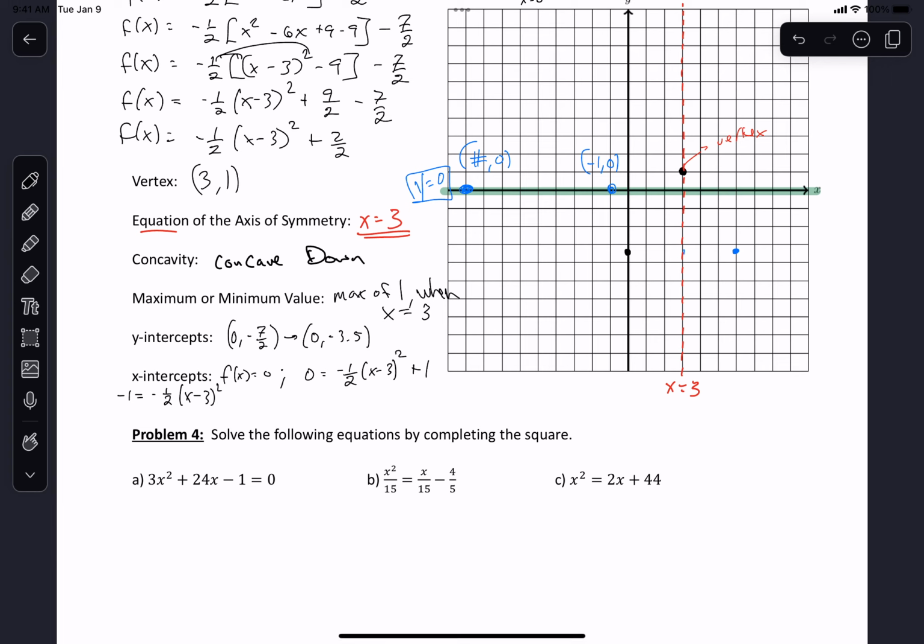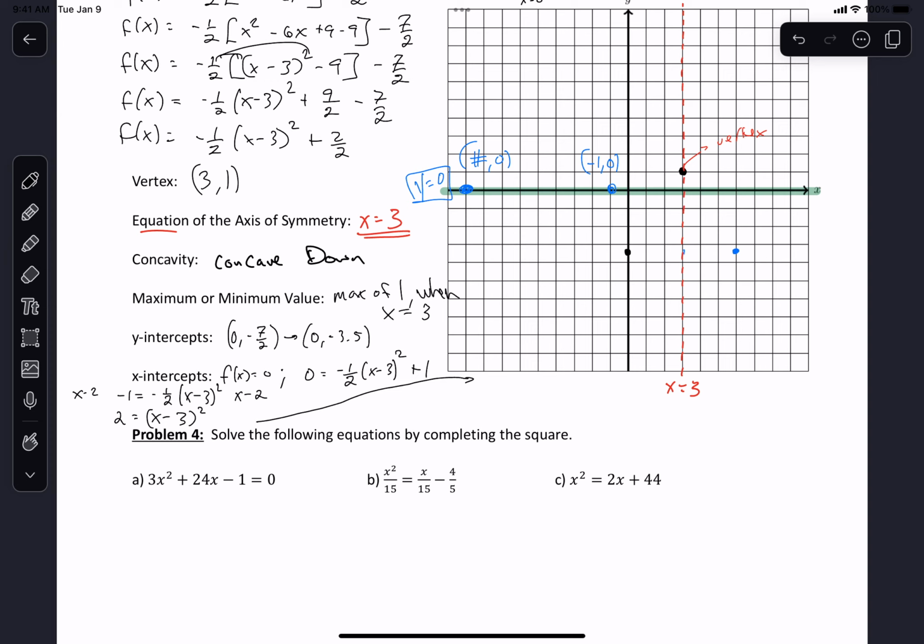I'm going to multiply both sides by -2, right? So if I multiply this side by -2, I'm going to multiply this side by -2, and I'm going to get 2 is equal to x minus 3 squared. Okay, sorry, there's not much room there. Okay, now I'm going to do the opposite of squaring something. The opposite of squaring something is square rooting.